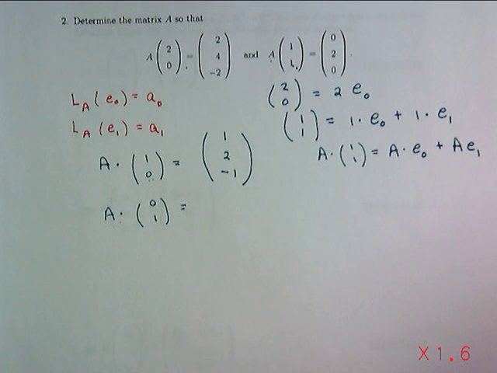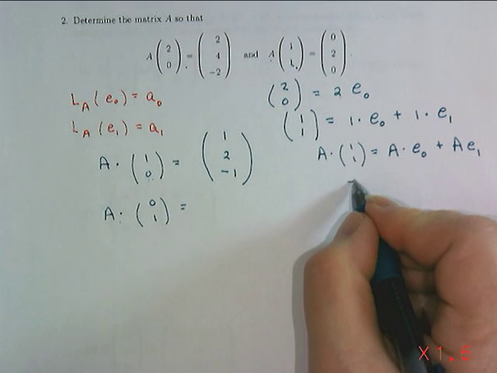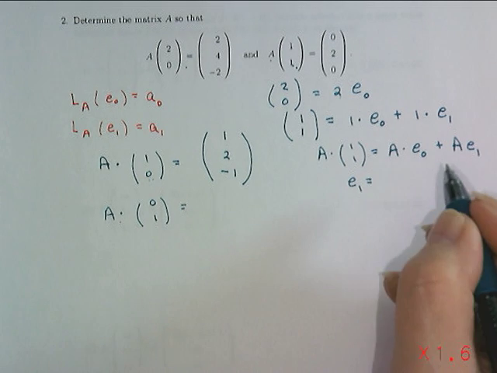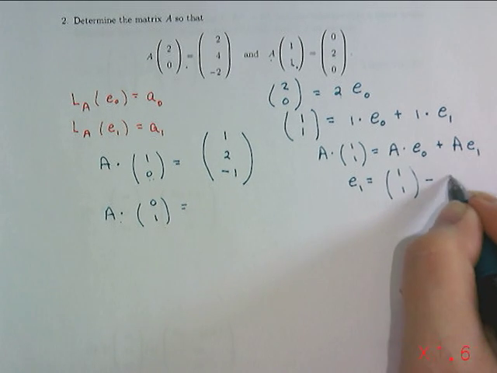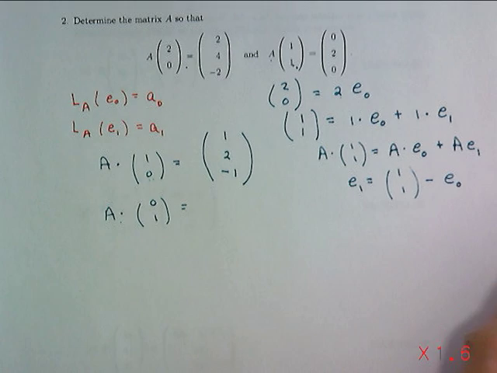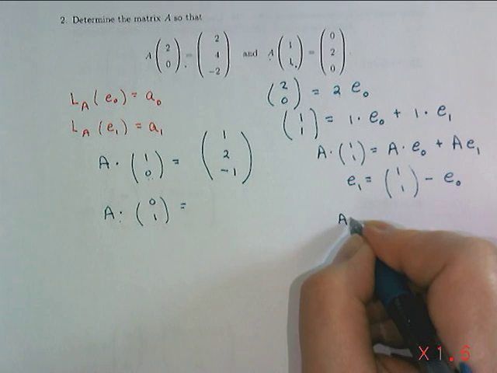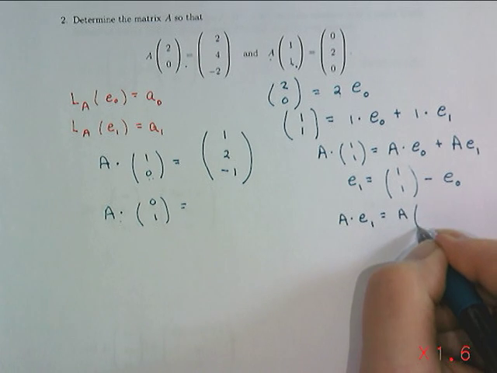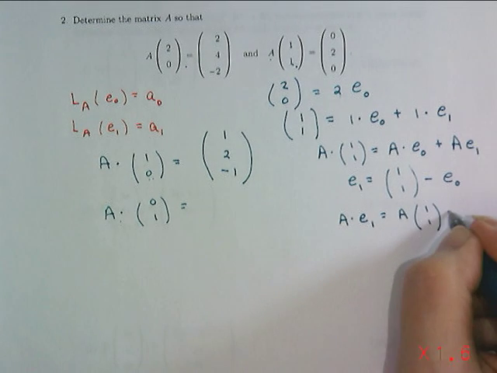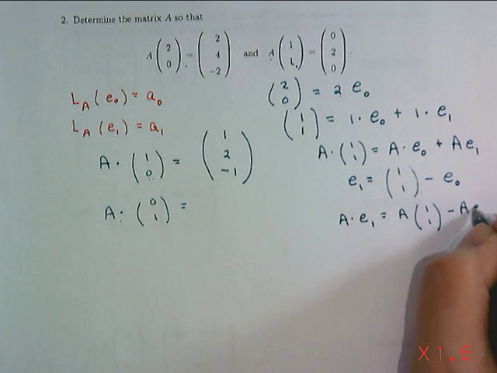Even more importantly, we could have written the second unit basis vector as the vector 1, 1 minus the first unit basis vector, which means A times e1 is equal to A times 1, 1 minus A times e sub 0.